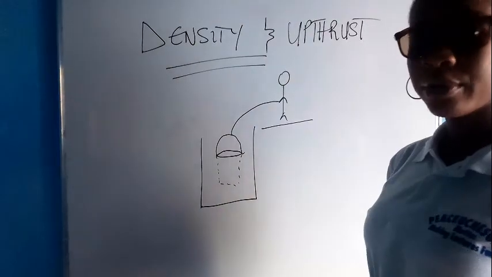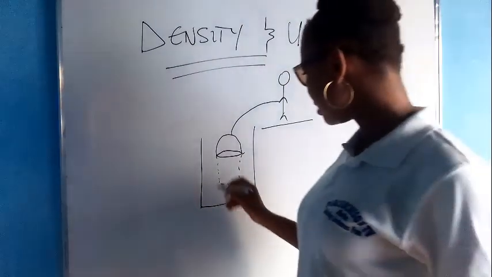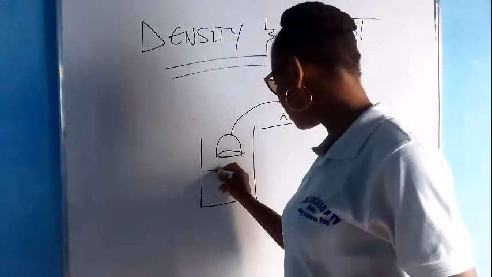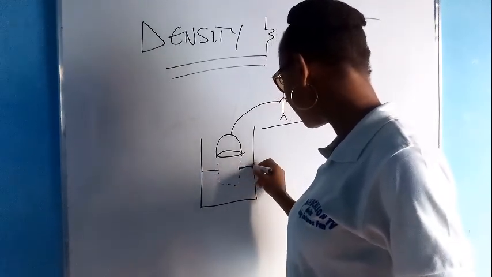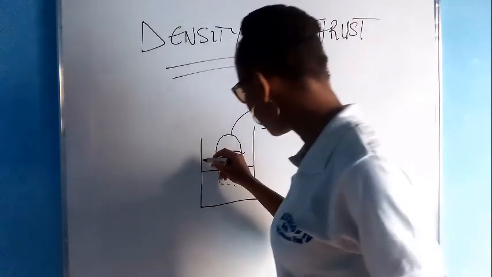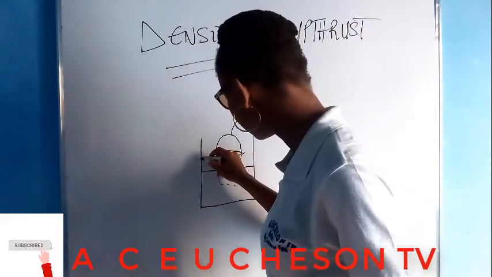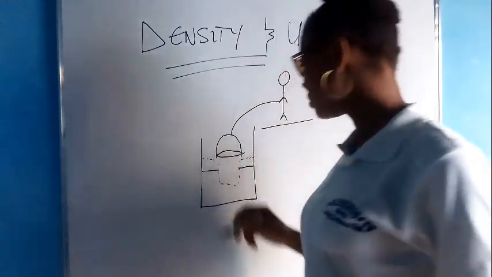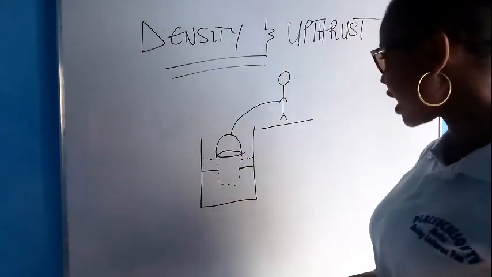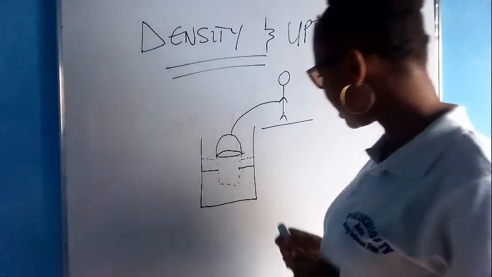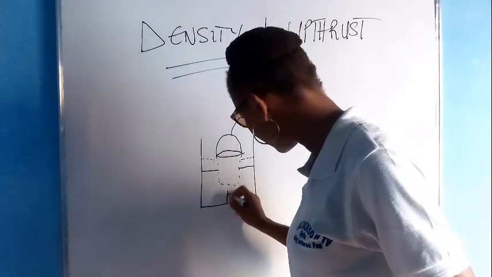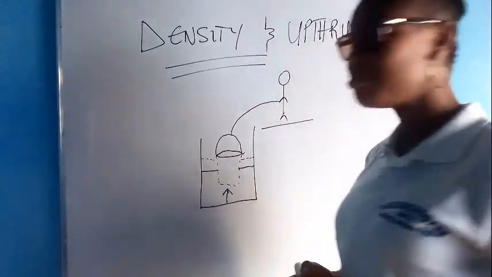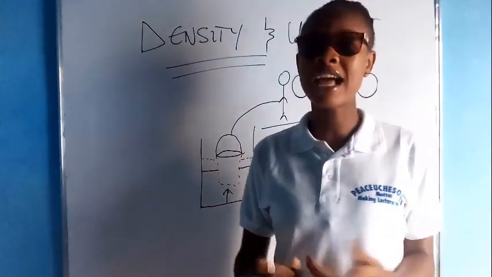So what happens is that if this is the initial volume of the water, it would have to increase to this. And there is a force acting here, which is making this object seem lighter.